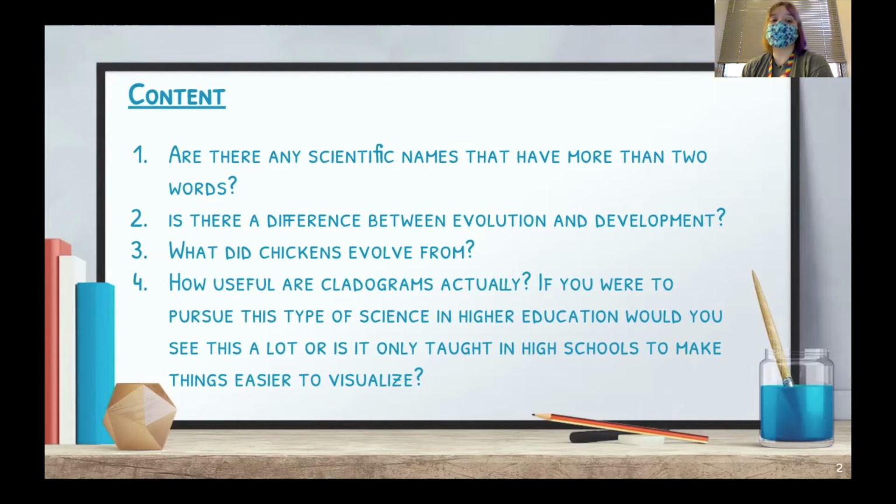Cladograms are really useful for showing relationships between organisms and the characteristics that distinguish organisms. This question was about whether, if we went into higher levels of science, you would still use them. If you were in the same field of biology, yes, you would still continue to use cladograms.